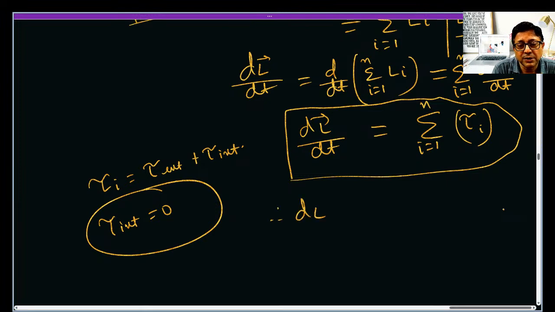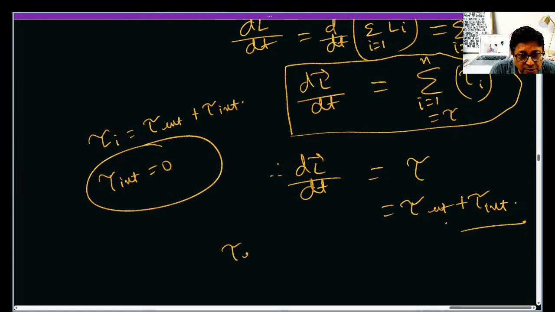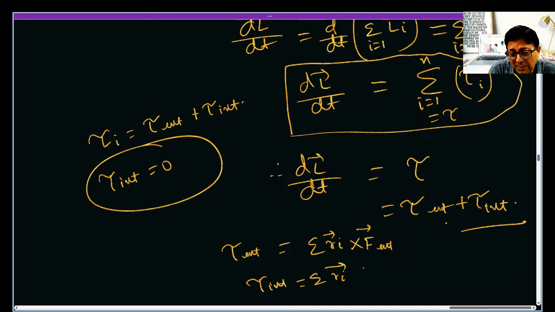So dL by dt will be what? That is net torque, that is tau external. This is net torque, no? Tau external plus tau internal. Tau external, how can you write? It is sigma Ri cross F external. And tau internal is sigma Ri cross F internal.